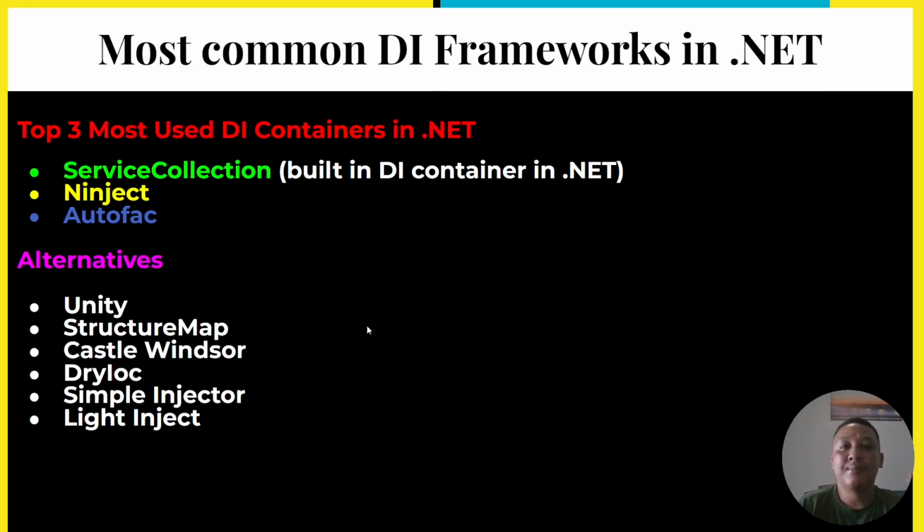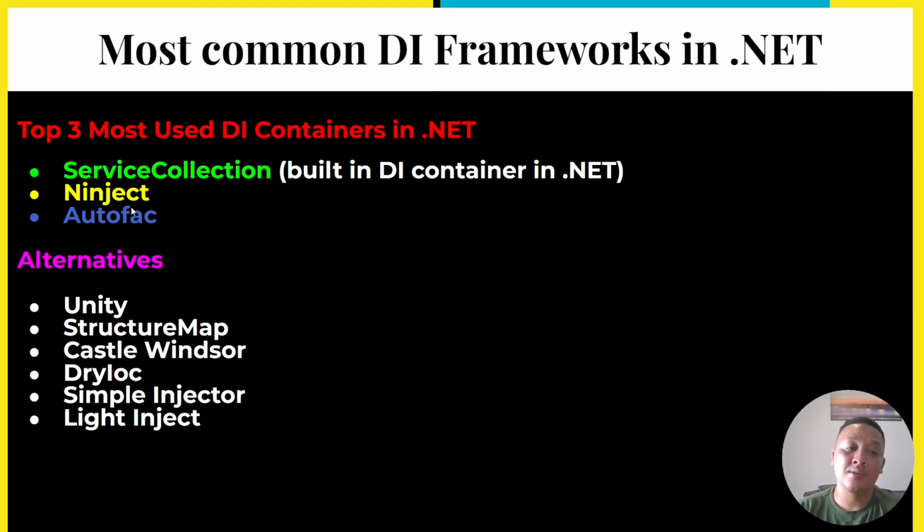Some common DI frameworks in .NET: the three most common ones are the built-in one, the service collection, which is by far one of the lightweight, easier to use DI containers in .NET, and then we also have Ninject and Autofac. These are ones you need to be aware of.